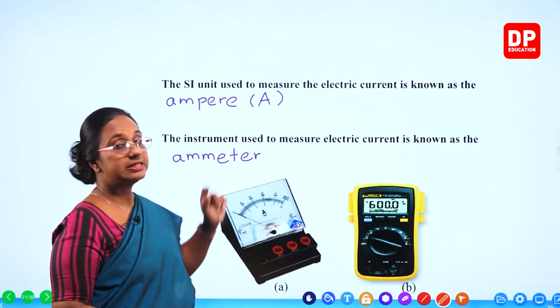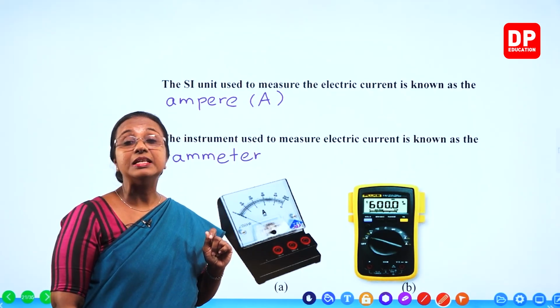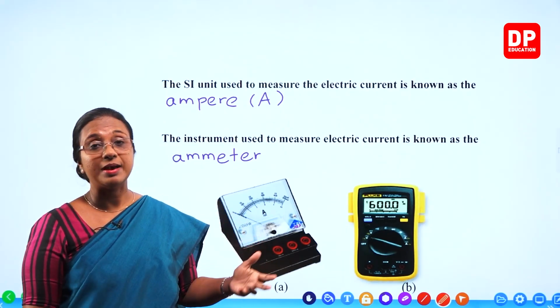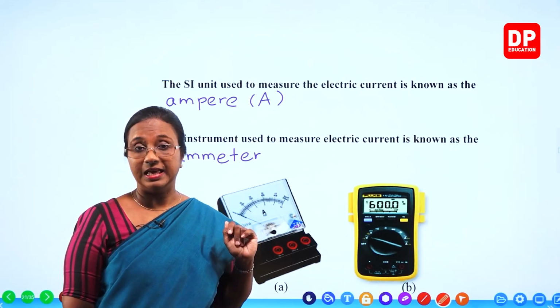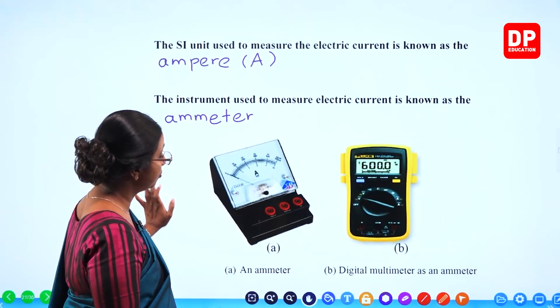So here it is named after a scientist, so we use the letter capital A as the unit, amperes. 1 ampere, 2 ampere, capital A. And these are the ammeters. You all have to know that.